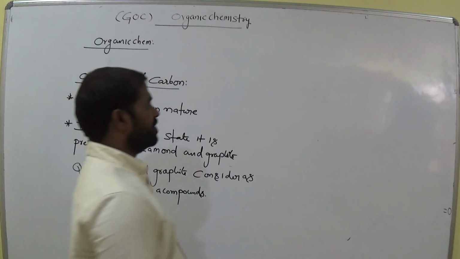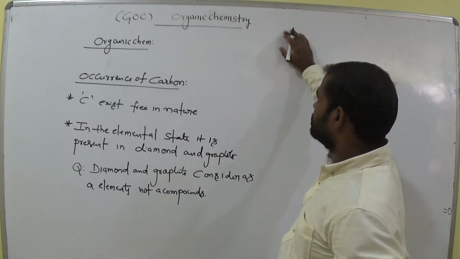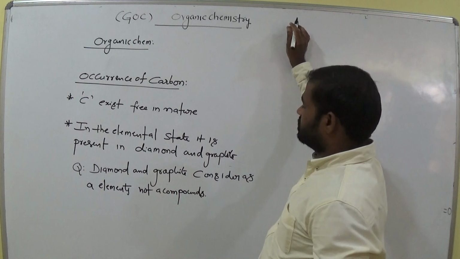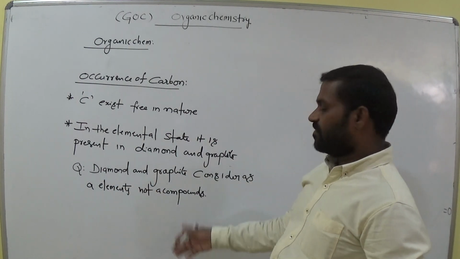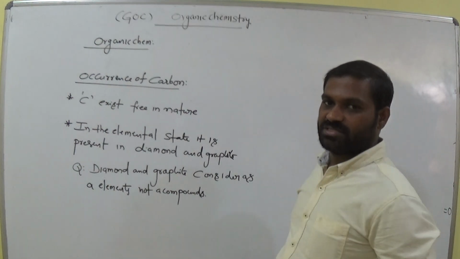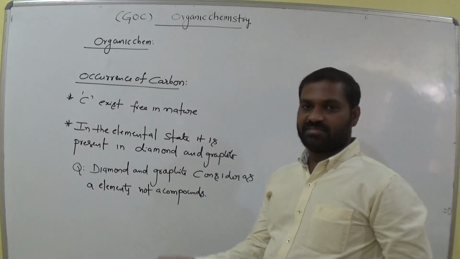Remember this. Okay, very good. Is it clear? These are elements. Diamond is an element of carbon. Graphite is an element of carbon, not a compound. Okay, compounds means it consists of a number of different atoms.